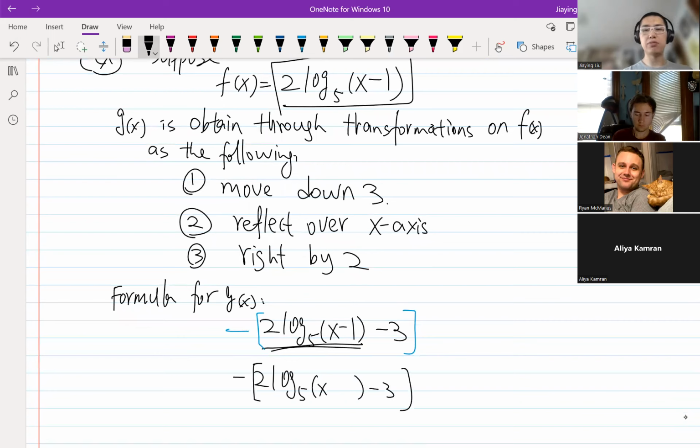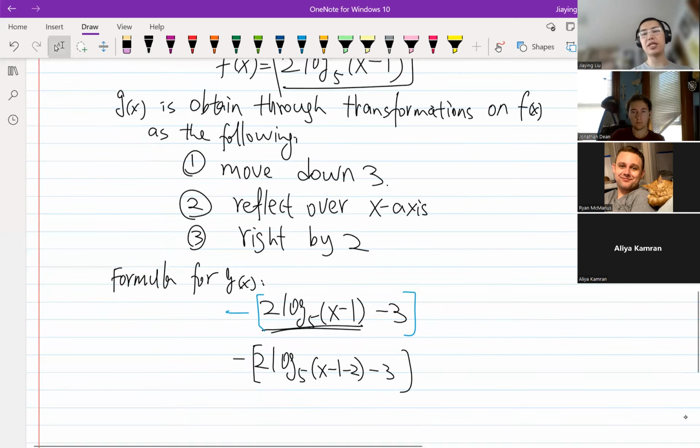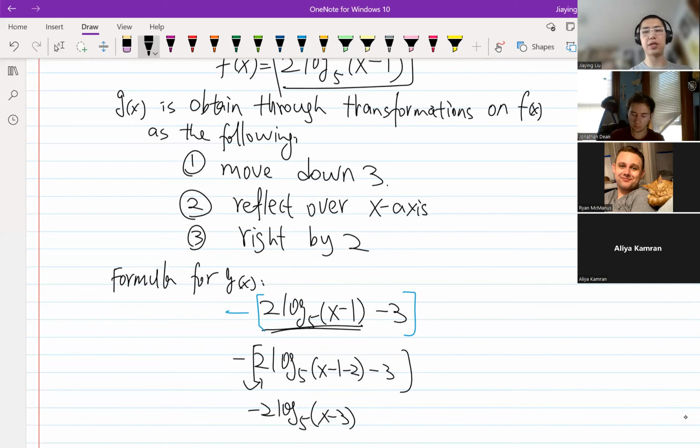The second minus 2 means we shift it to the right by 2. And then the next is just rewriting everything, simplifying, distributing the negative in the front. So we get -2 log base 5 of (x - 3), and then negative negative becomes positive 3. So this will be the formula for g(x).